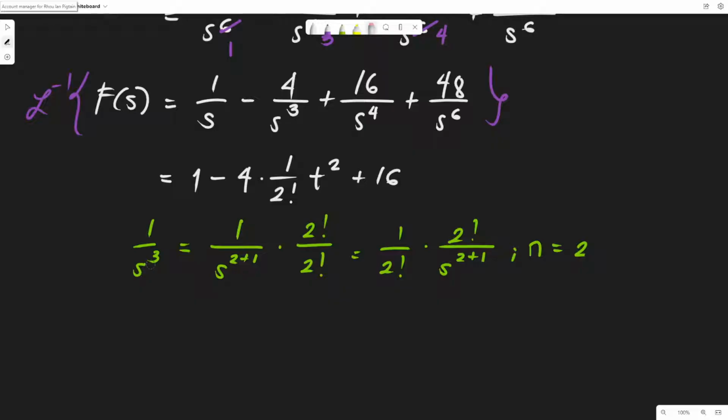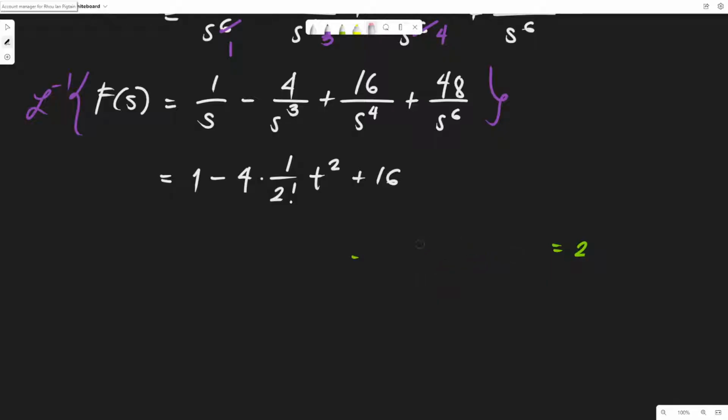Okay? Si s raised to 4 naman, so this is equivalent to 3 factorial over s raised to 3 plus 1, times 1 over 3 factorial. Okay, so we have times 1 over 3 factorial t raised to 3, or t cube.